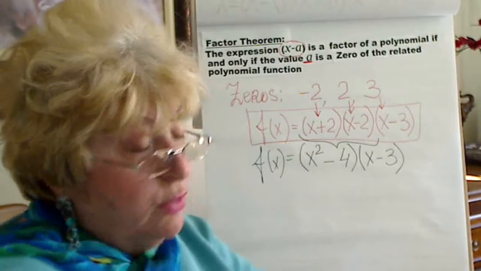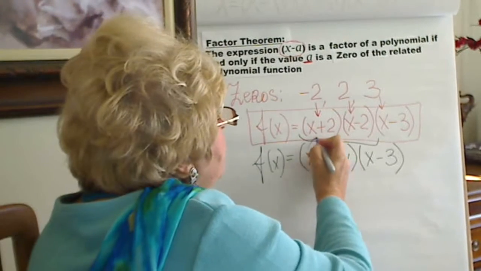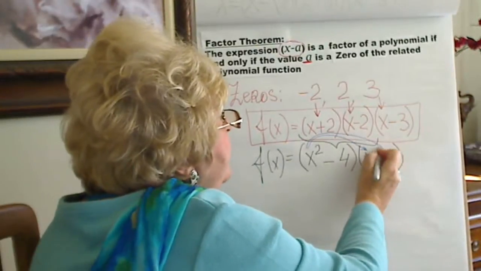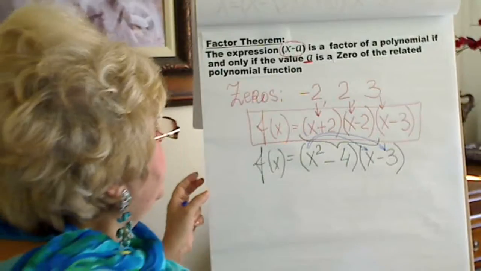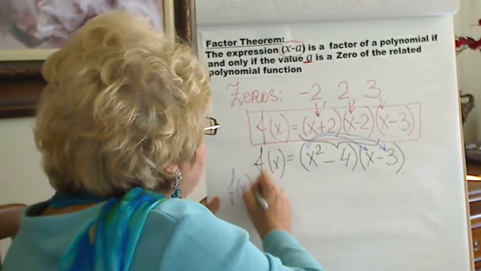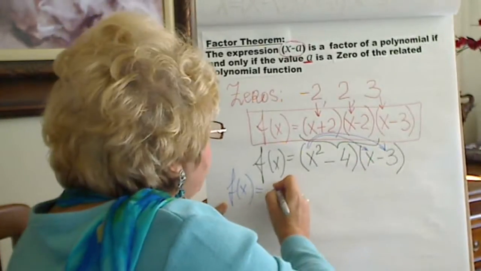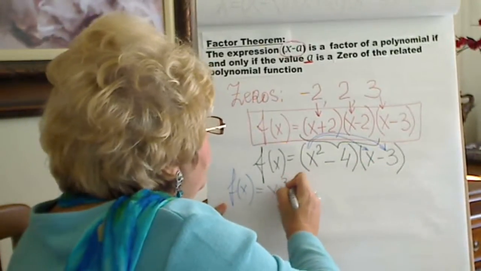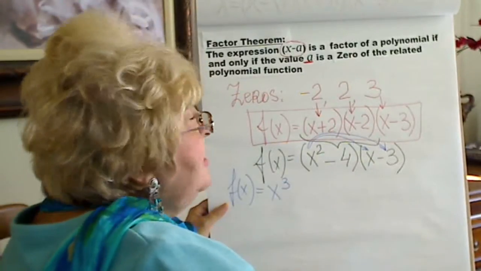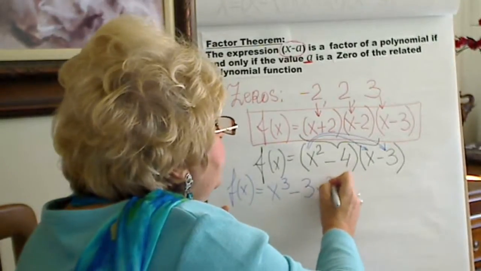We take x squared multiplied by x, x cubed, and x squared multiplied by negative 3, minus 3x squared.